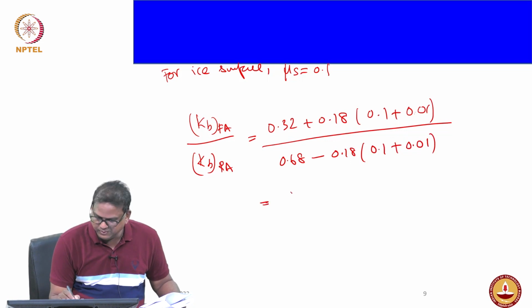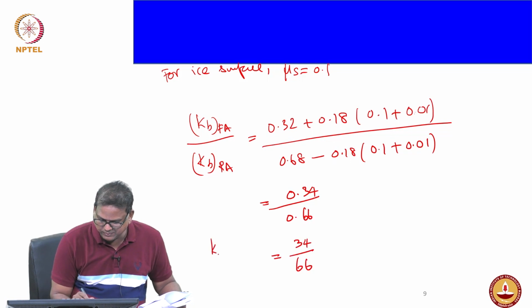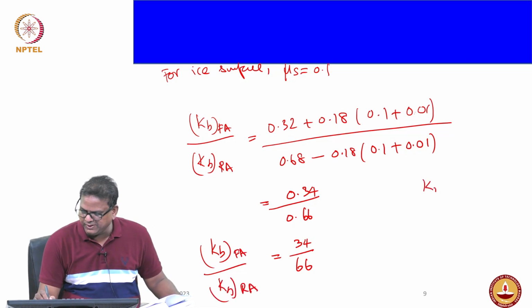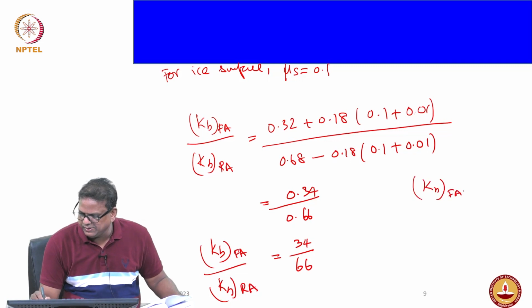So you would expect 0.34 and 0.66, in other words 34 to 66, your KB front axle and rear axle. So at any given time, your KB front axle plus KB rear axle must be 1, right.